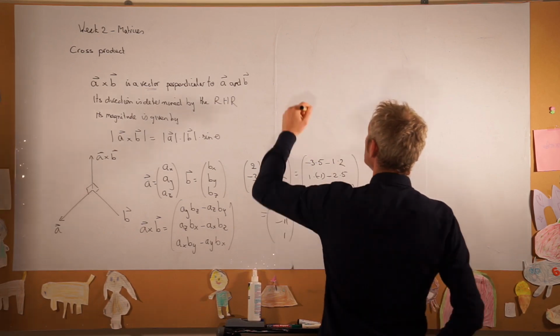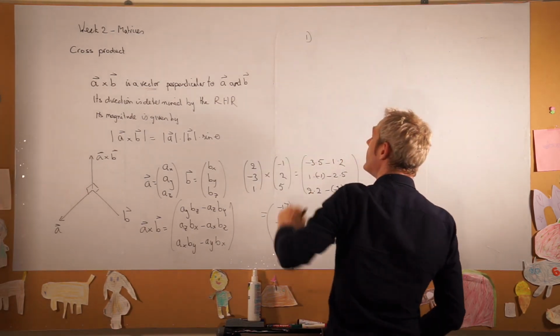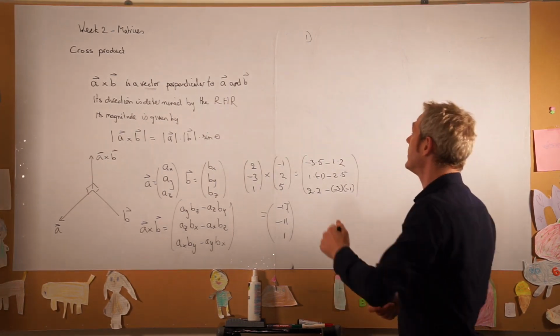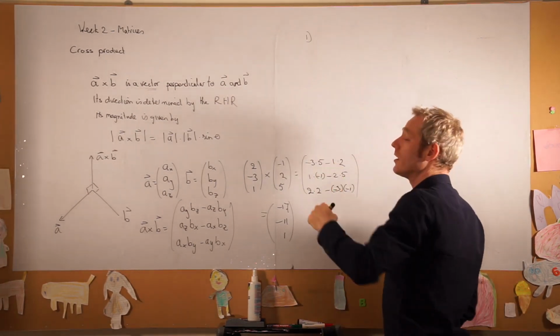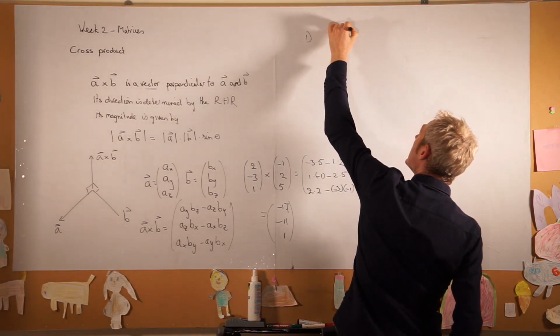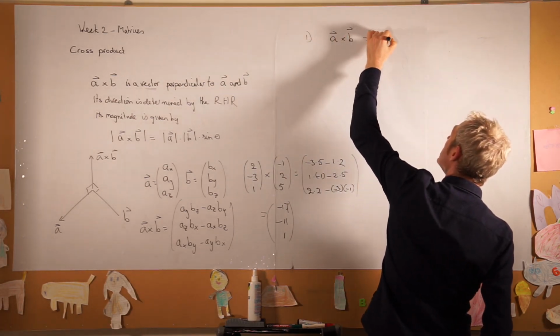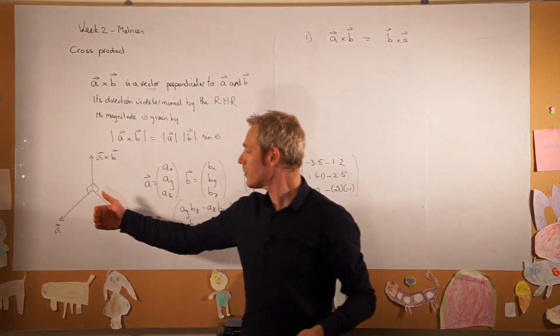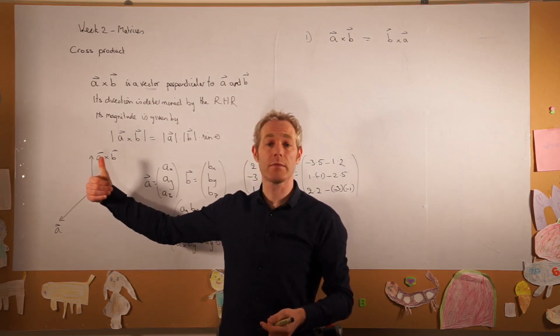It has some properties. We knew that for the inner product, the order of the vectors didn't matter, so it was commutative. So if we look at A cross B, is this equal to B cross A? Well, no. If I start with my fingers at A, curl them to B, my thumb goes up.